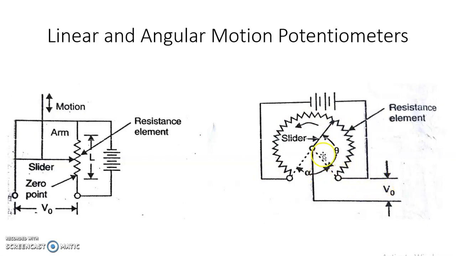Now when the slider is rotated in the anti-clockwise direction, as the angle theta is increased, where theta is measured with respect to its 0 position, the resistance decreases and therefore the output voltage also decreases.